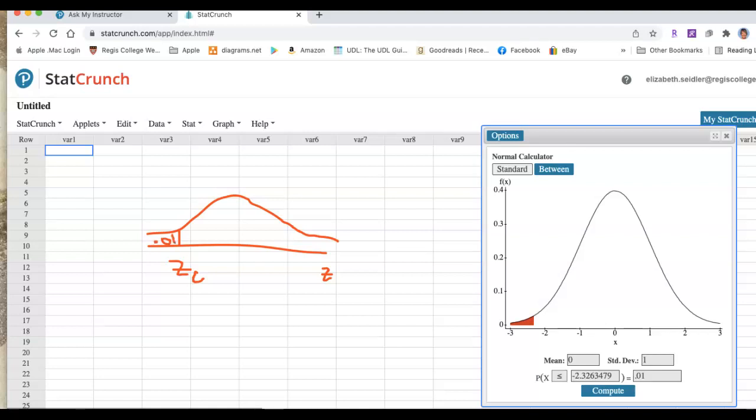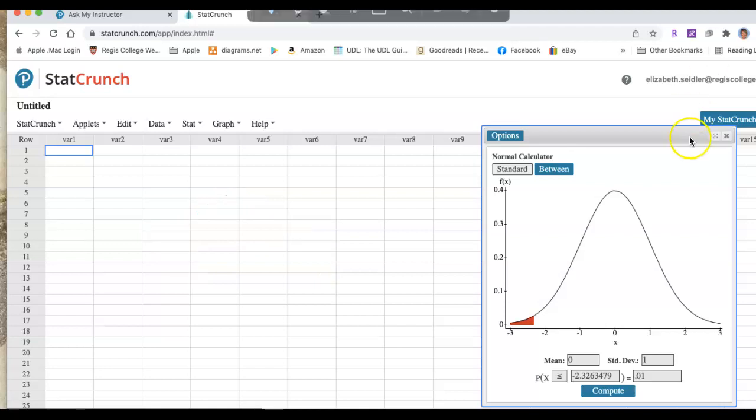Okay. I can also check it for really any level of significance. I mean, the most common are 0.01, 0.05, 0.10.